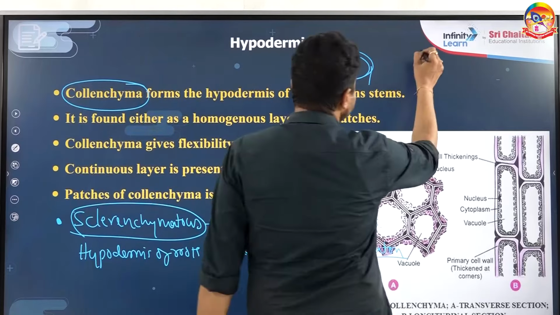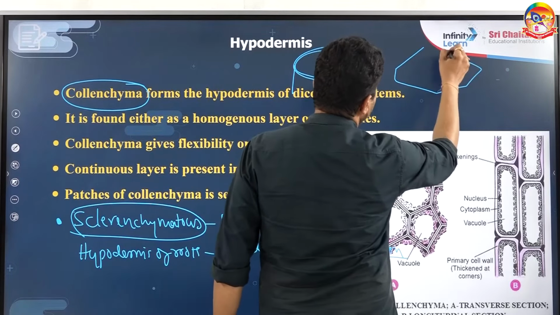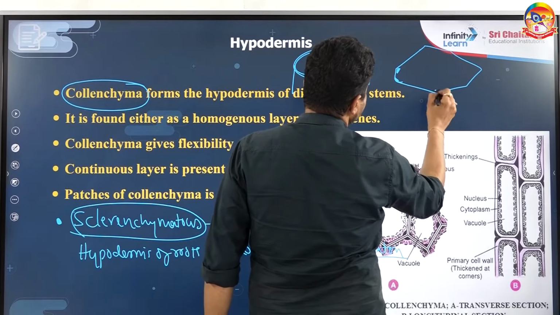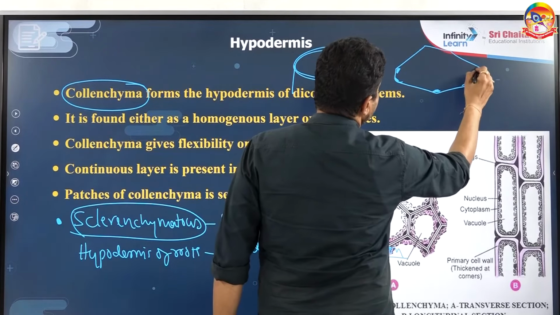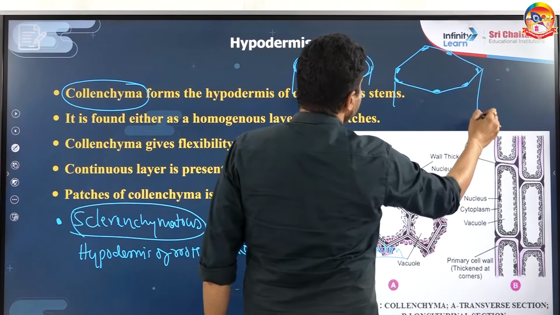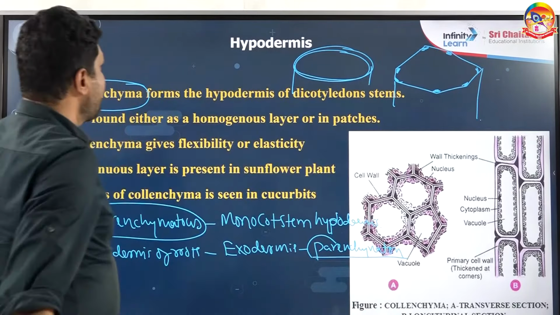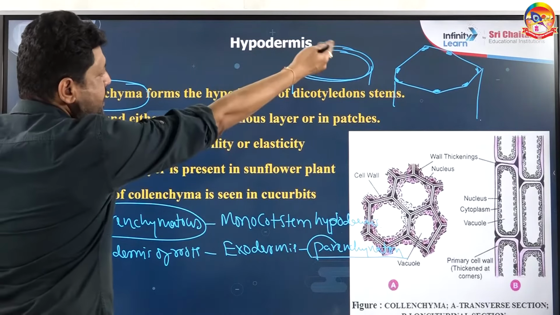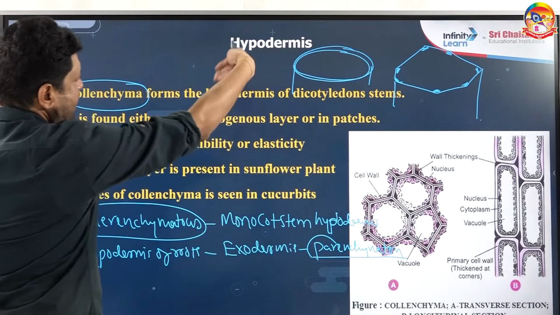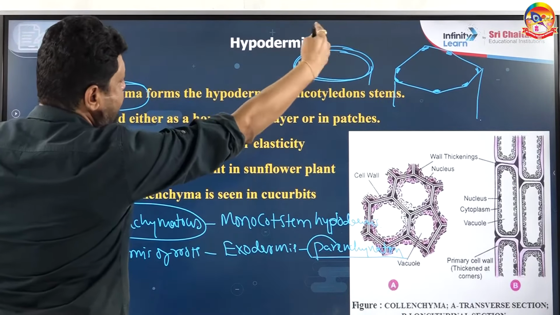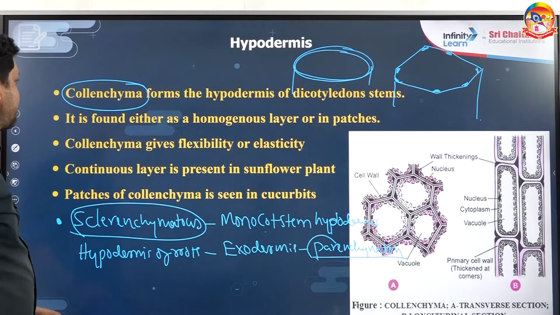If the stem is angular, like in cucurbits, the collenchyma is present as isolated patches in the cucurbita stem. Now observe whether the collenchymatous hypodermis is continuous or in isolated patches: continuous when the stem is circular, isolated patches when the stem is angular in shape.